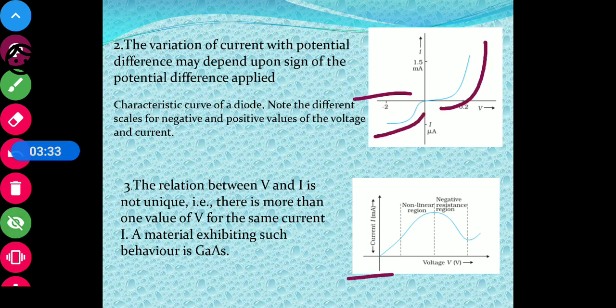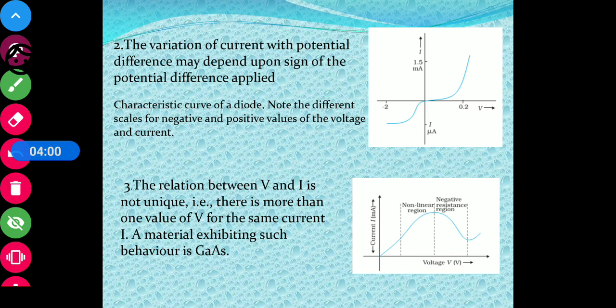Similarly, in this graph, you can see that at this point and at this point, there are two values of the voltage for the same value of the current. This is a different type of material which shows two values of the potential difference for the same value of the current.